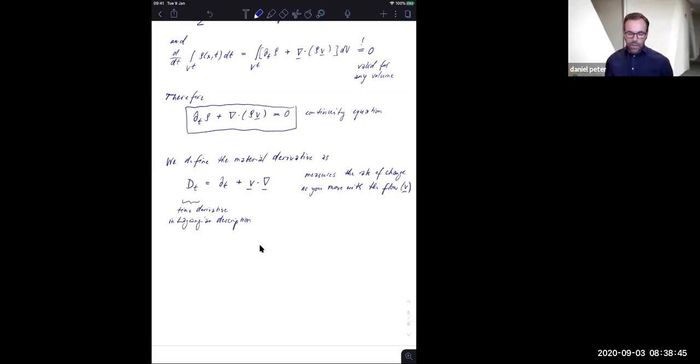You can think of this material derivative as the connection between Lagrangian and Eulerian description.